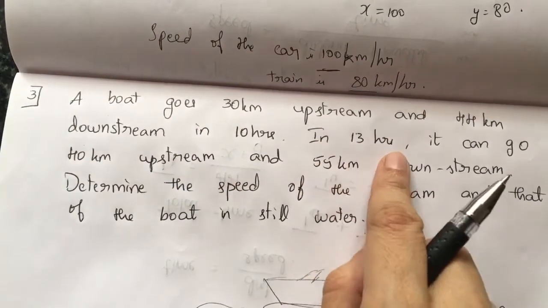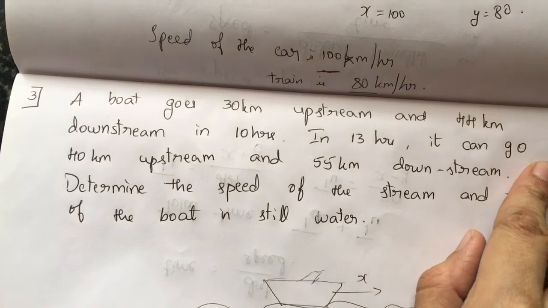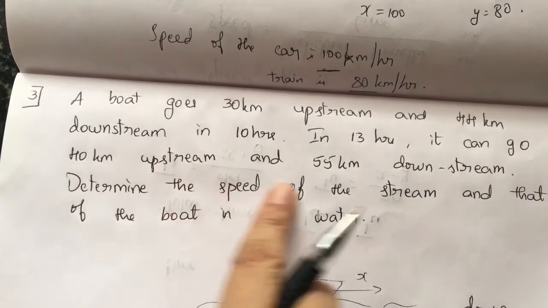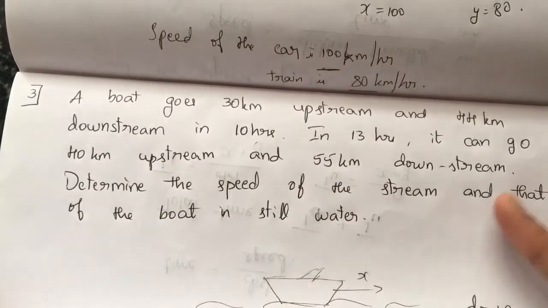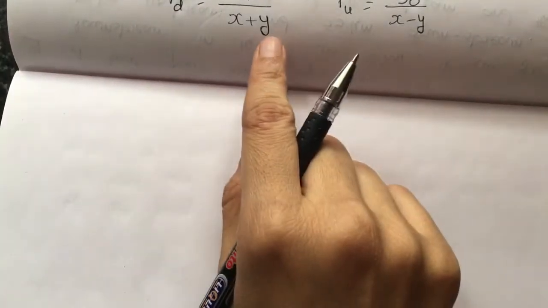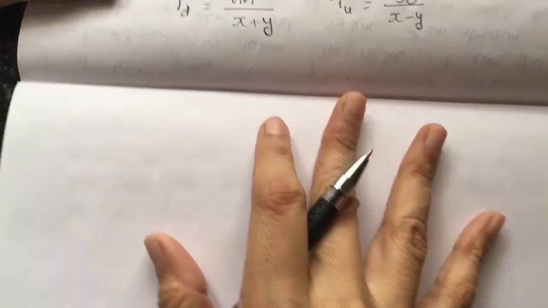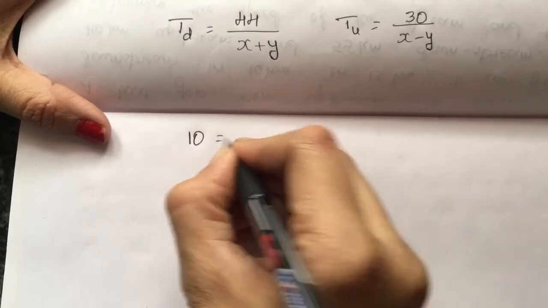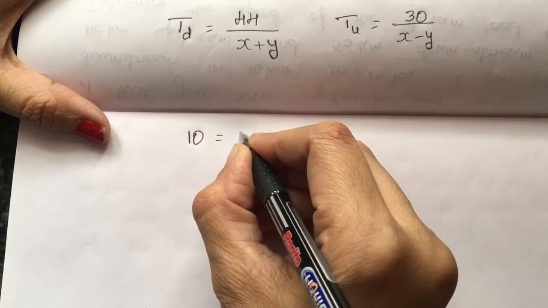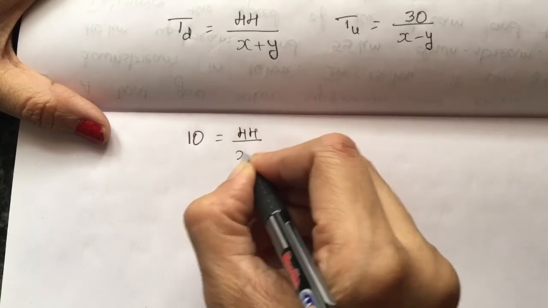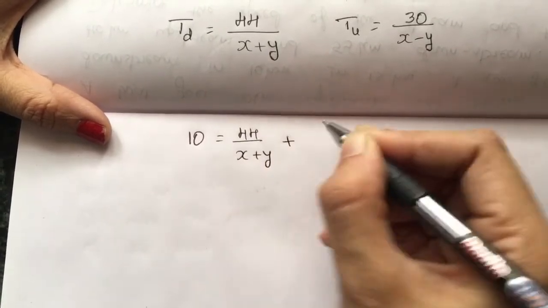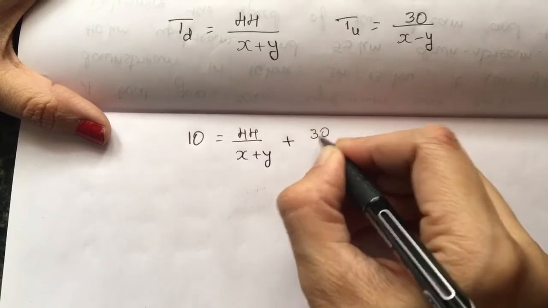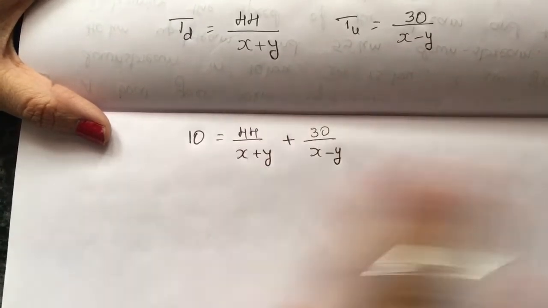Now, in 13 hours, it can go 40 kilometers upstream and 55 kilometers downstream. So the second equation I need to write. Before that, the first statement, it is taking 10 hours. So total time 10 hours is equal to 44 by x plus y plus 30 by x minus y.